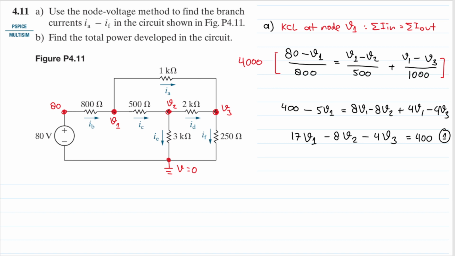Now let's do another KCL, but this time at node V2. Again, the sum of the current that goes in will equal the sum of the current that goes out.